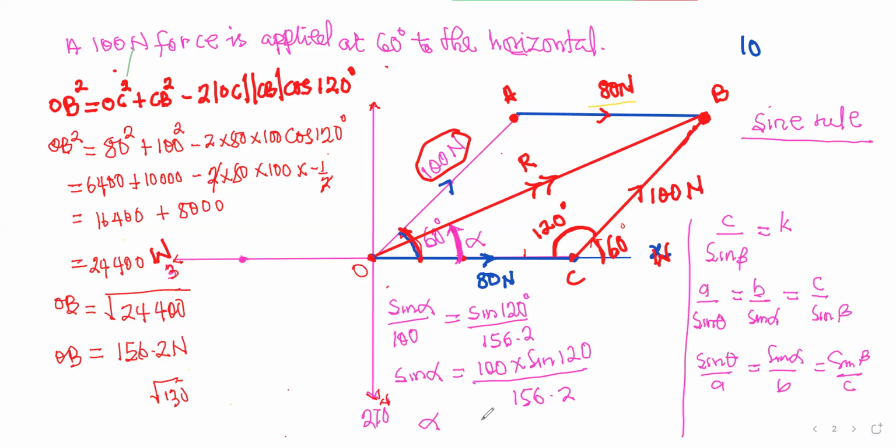Sir, I got 0.6. Alpha, I mean alpha, not sine alpha. Please, I got 37 degrees. I got 33.66 degrees to the nearest degree.